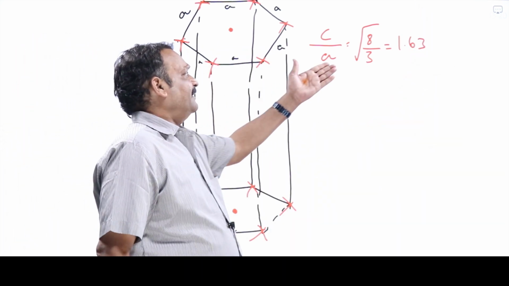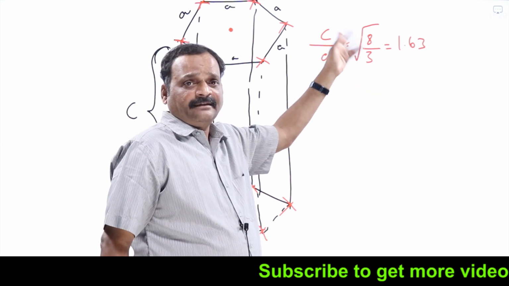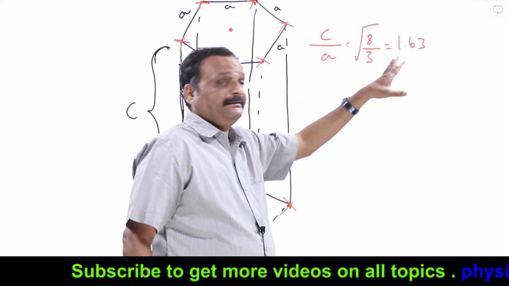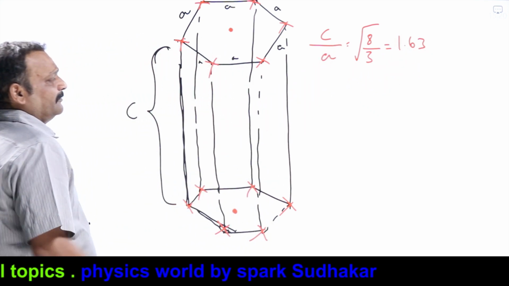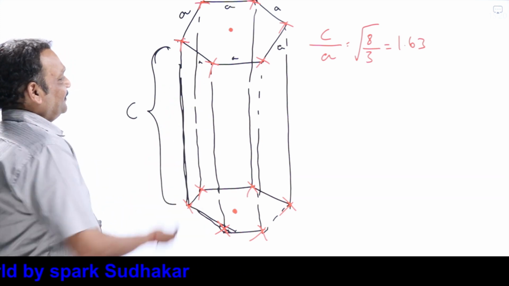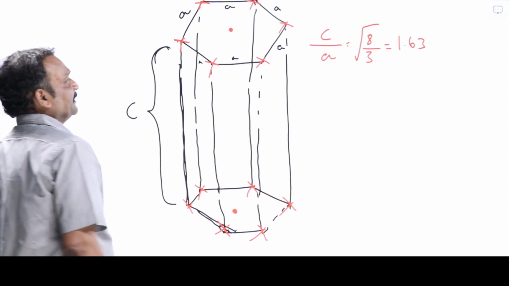In the question directly, c by a ratio is root 8 by 3. They may also give options like 7 by 3 or 6 by 3, or 1.63, 1.74. So remember both. You don't have to derive that, it is a geometrical derivation. c by a equals root 8 by 3 equals 1.63.